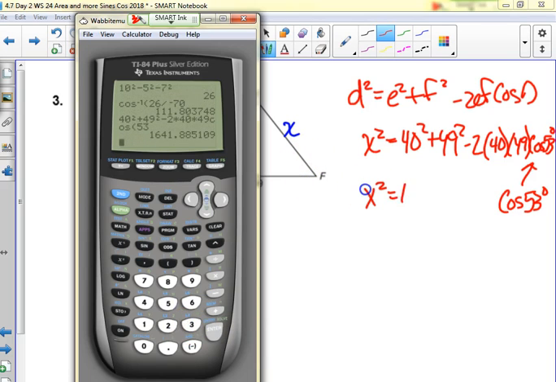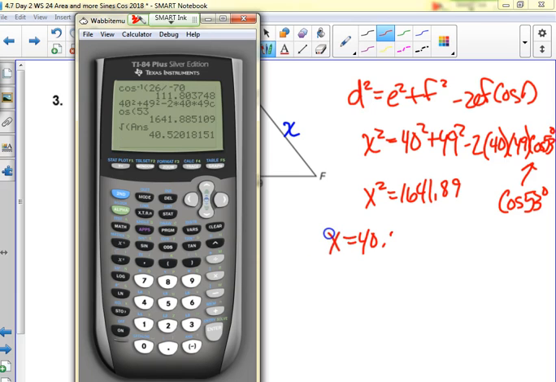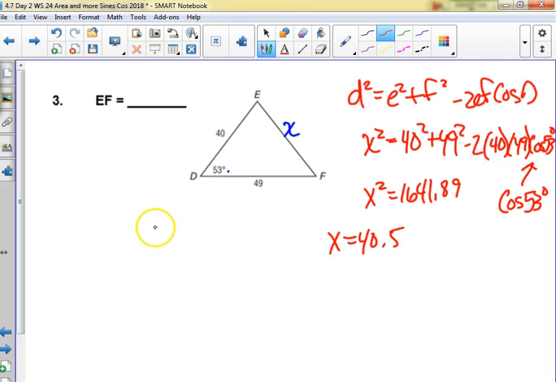I got x squared equals 1641 point, etc. And then I need to square root that answer. And I get x equals 40.5. I hope I haven't typed any of these wrong, but it seems reasonable for this picture, so I'm going to go with it.